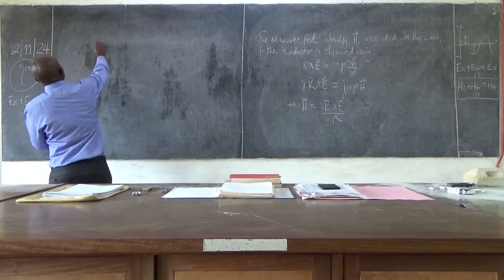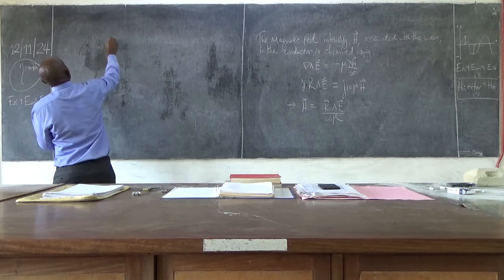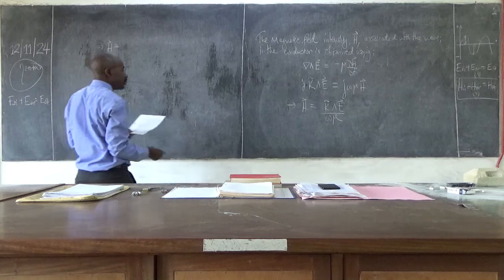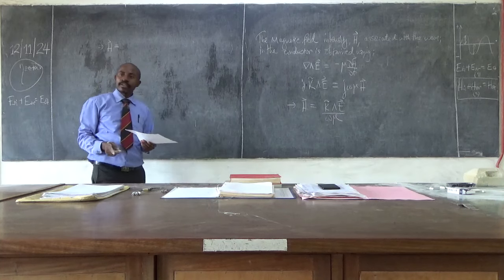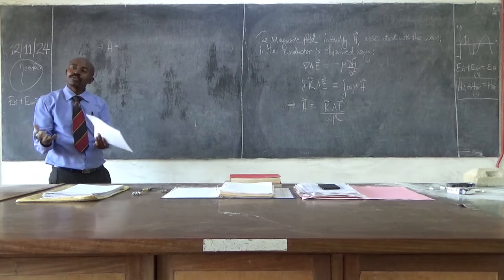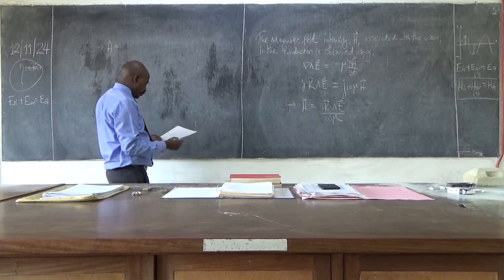So this would imply that H, since it is an electromagnetic wave, it's got both E and H, so there's always a chance to extract the H from this wave.